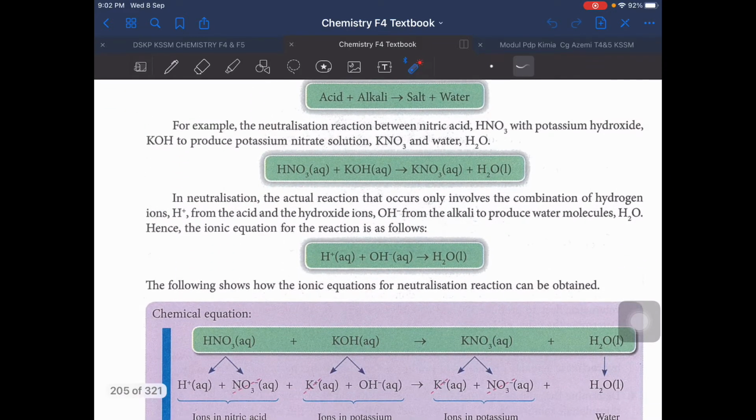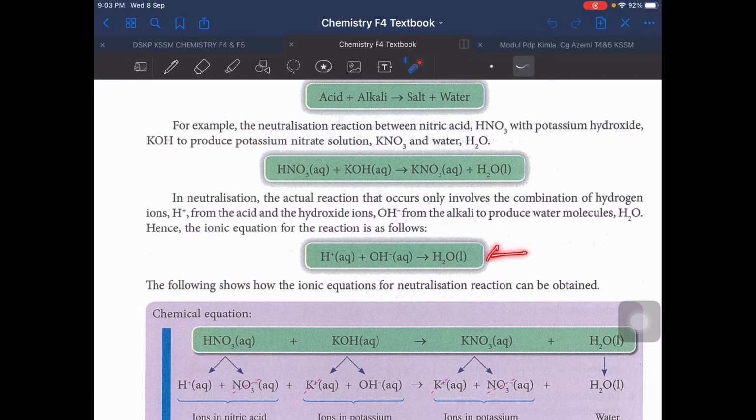In neutralization, the actual reaction that occurs only involves the combination of hydrogen ions from the acid and hydroxide ions from the alkali to produce water molecules. Hence, the ionic equation is as follows. Let me explain how the ionic equation for neutralization can be obtained.